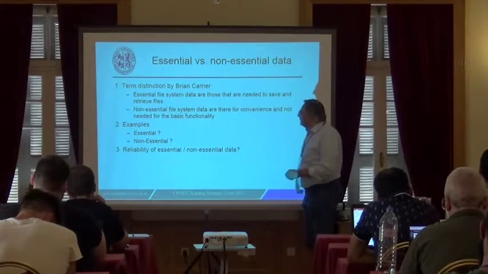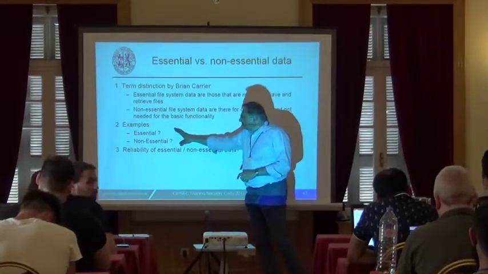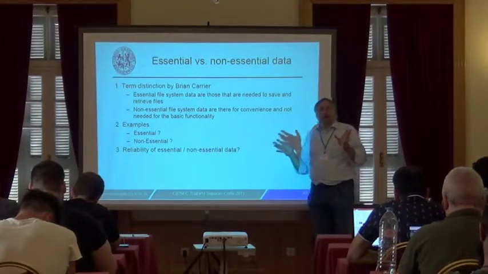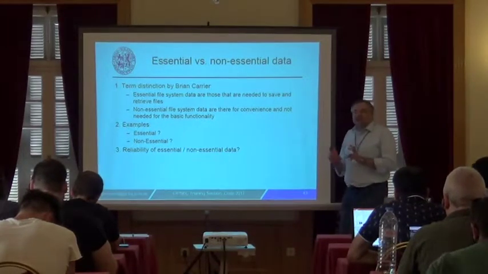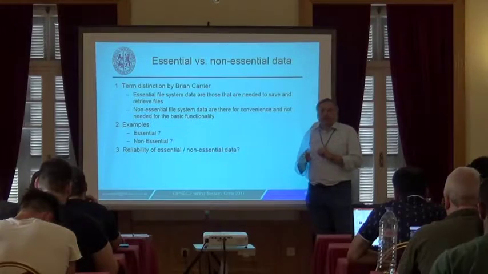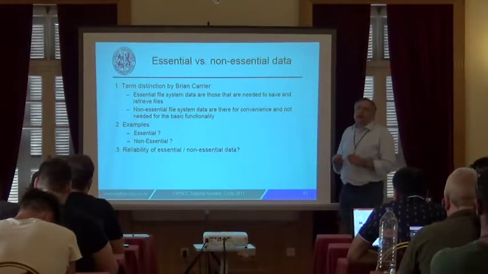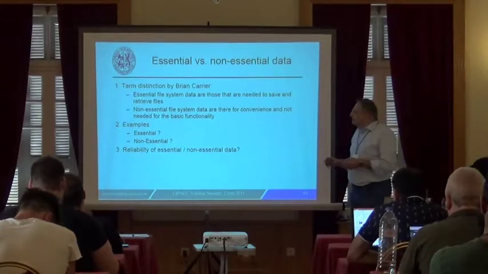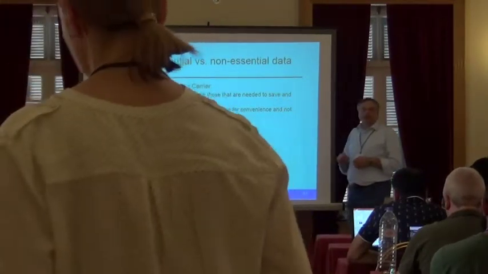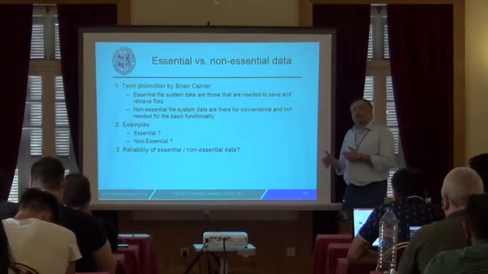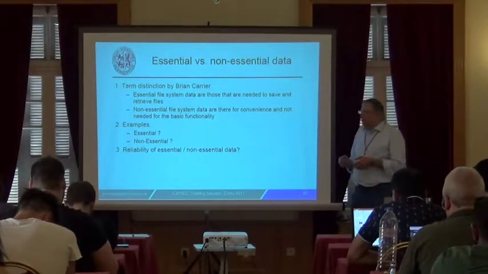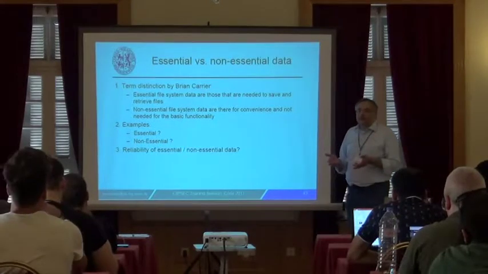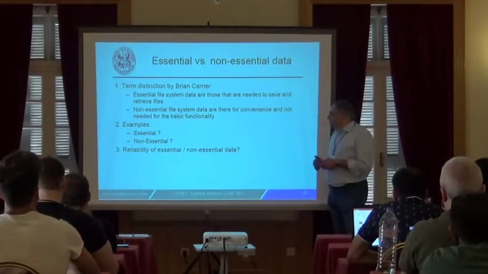Another important thing is what information is considered essential for the functioning of the operating system and what is considered non-essential. So consider the last access time of a file. This is nice to have, but it's not important for the functioning of the file system because it doesn't rely on this time to function. But the inode number associated with the file, well, that's important. So that is essential.